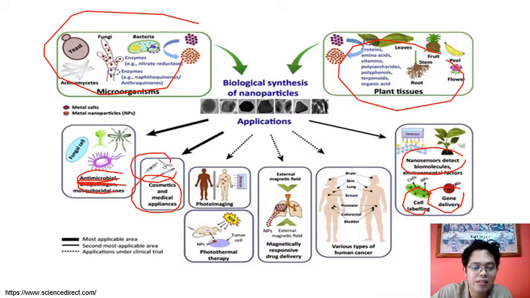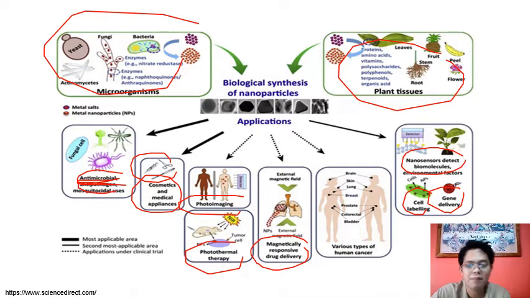And then the third applications under clinical trial: photoimaging and photothermal therapy, and then magnetically responsive drug delivery, where nanoparticles are being introduced to a certain defective organ or tissue, and then through magnetism, the drug that is being utilized in order to cure that defective tissue or organ is being magnetically delivered in your body. And then various types of human cancer as well.